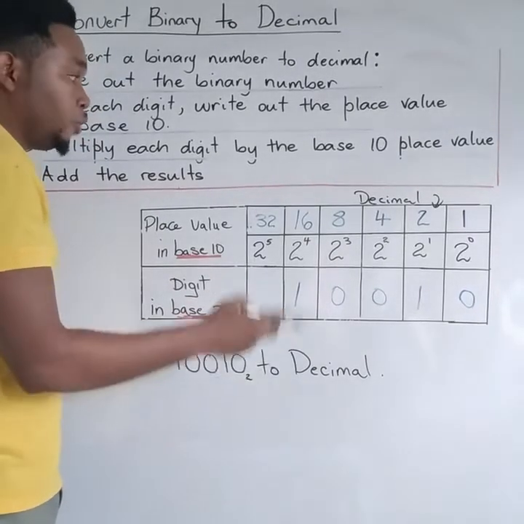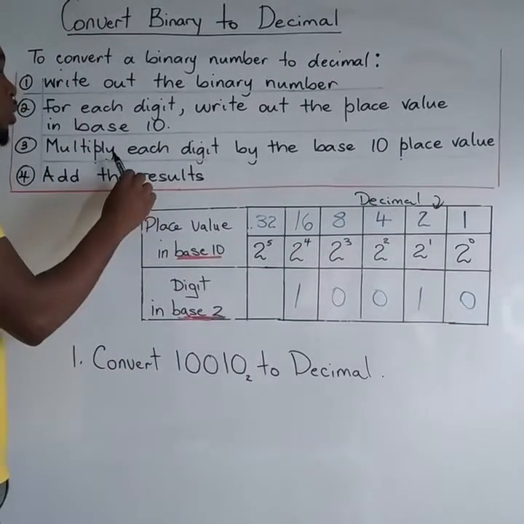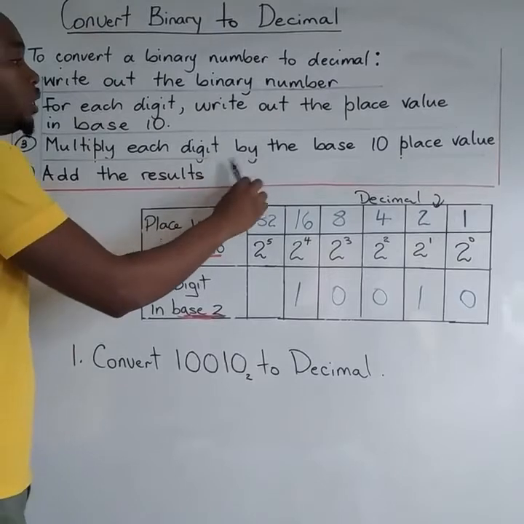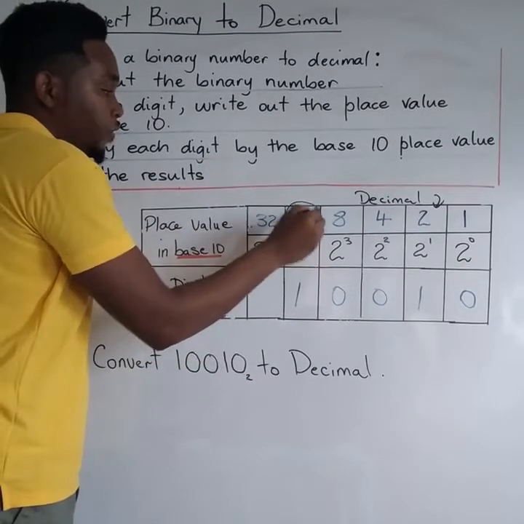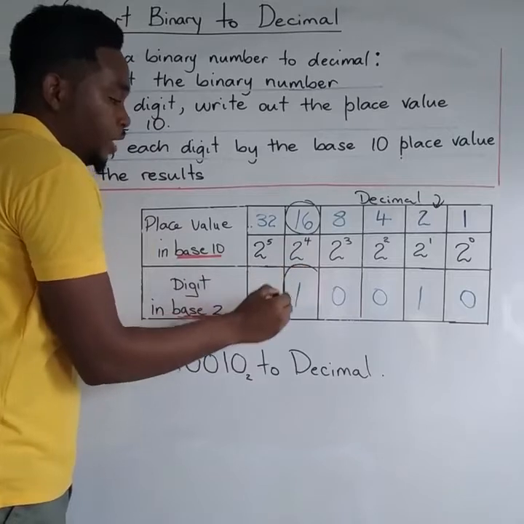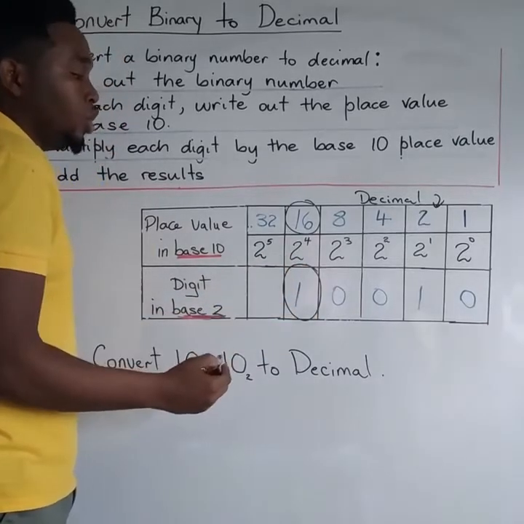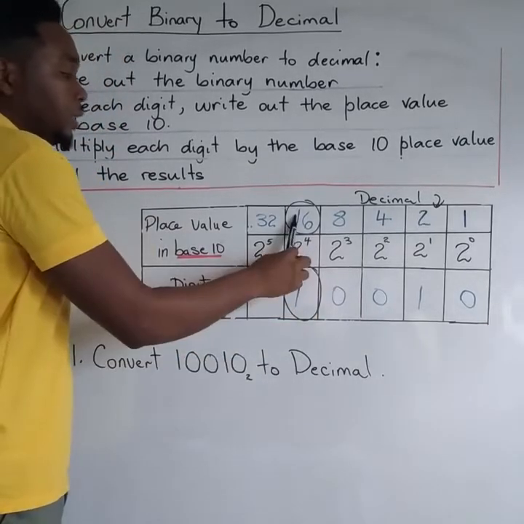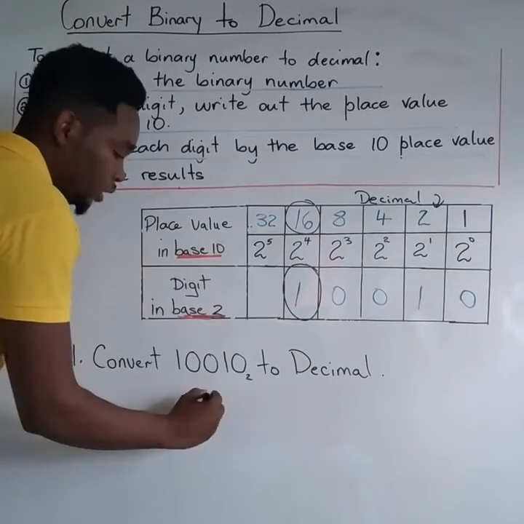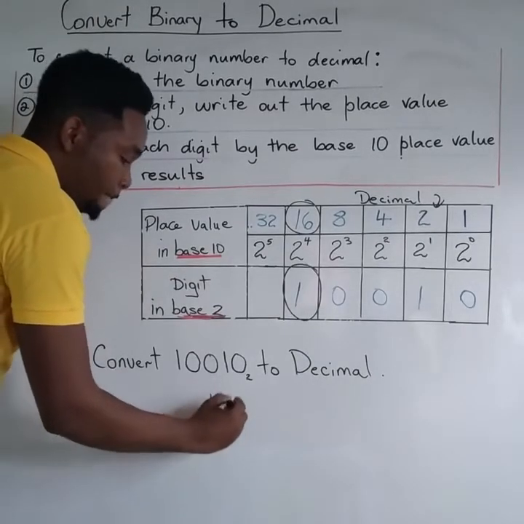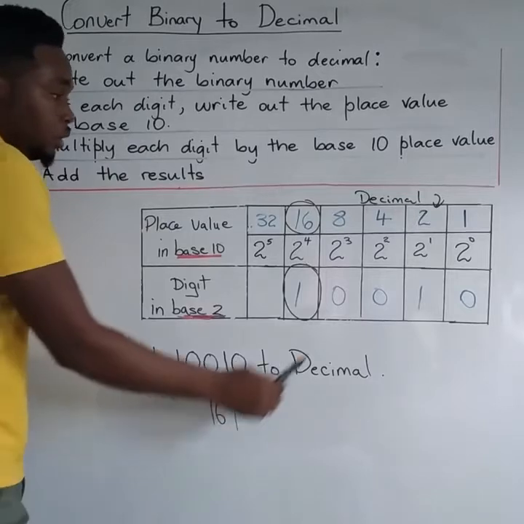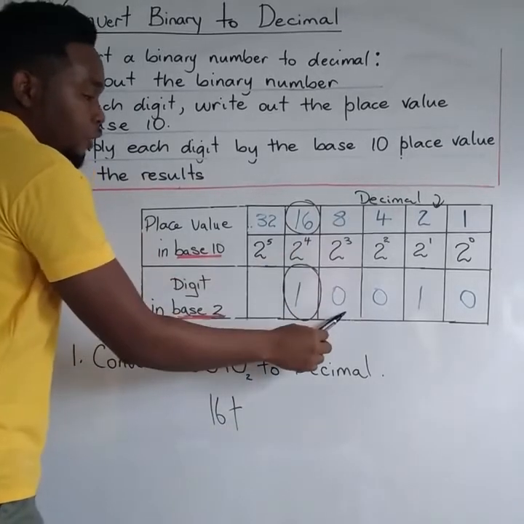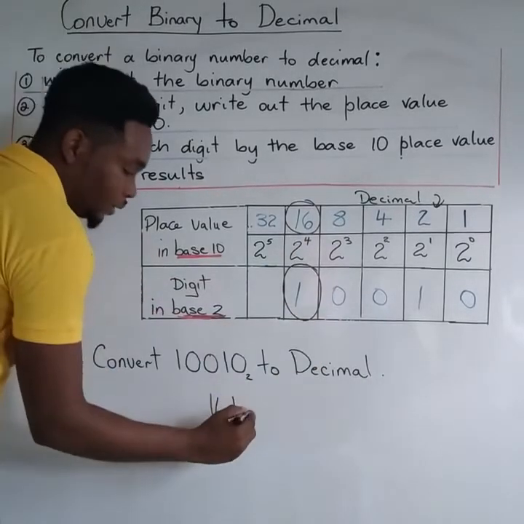What we are left to do in the last step is to multiply each digit. The decimal value here must be multiplied by the binary value here. So we start off by saying 16 times 1 gives us 16. Plus, as it says here, we need to add the results. Plus 8 times 0 gives us back 0.